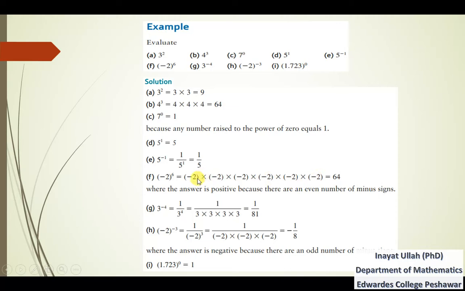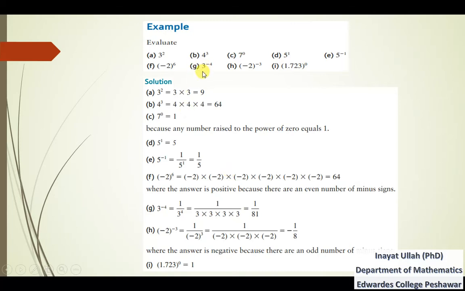And whenever you multiply 2 six times, you will get 64. 2 2's are 4, 4 2's are 8, 8 2's are 16, 16 2's are 32, 32 2's are 64. So minus 2 to the power 6 is 64.